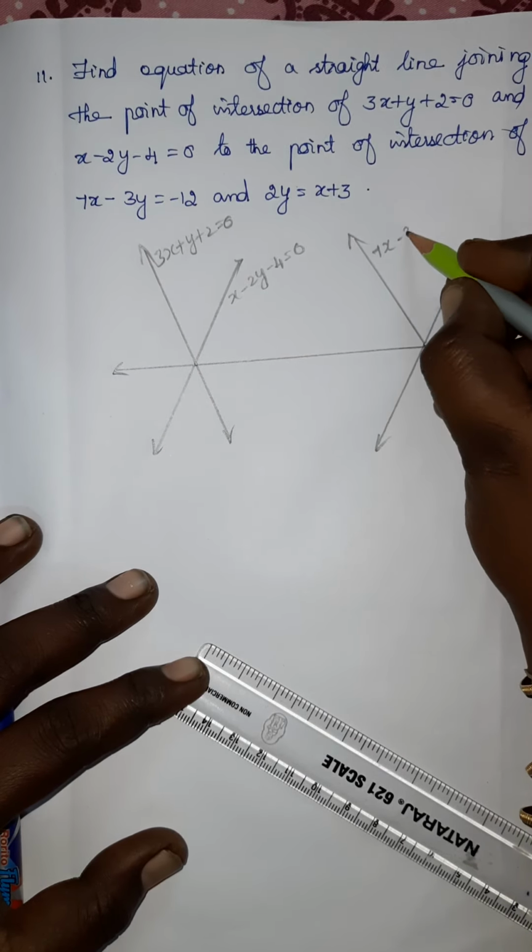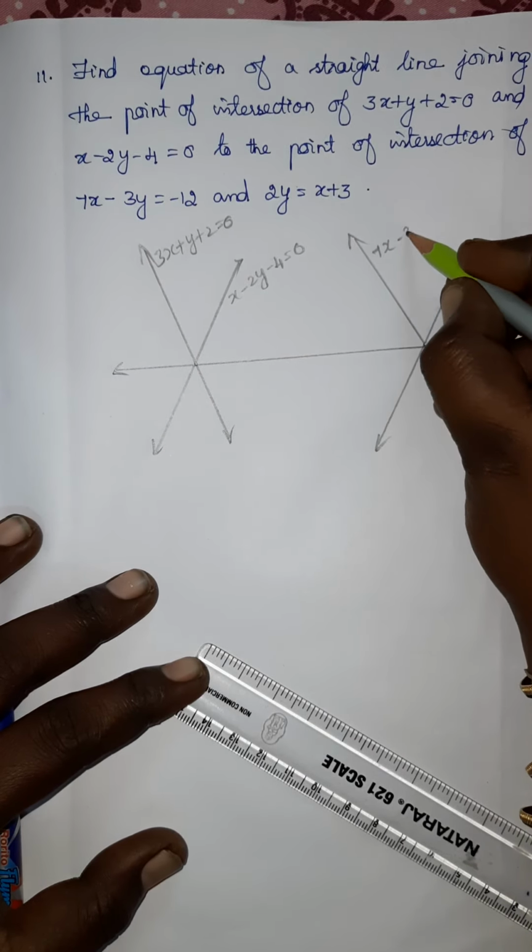First we can write: to find the point of intersection of 3x + y + 2 = 0 and x - 2y - 4 = 0.